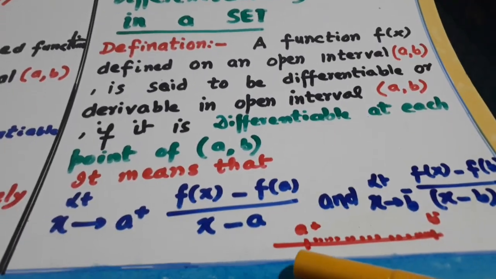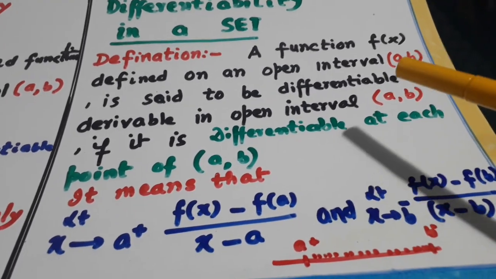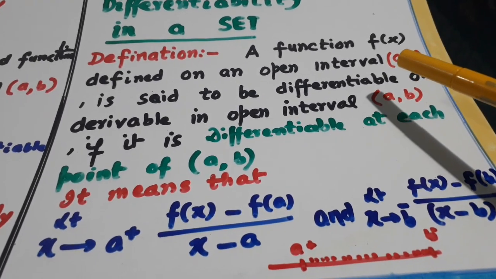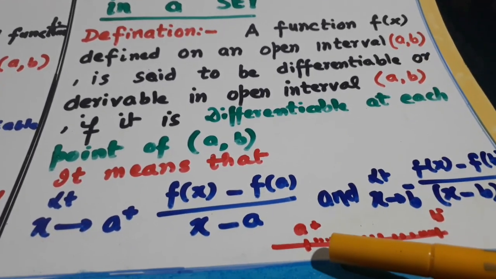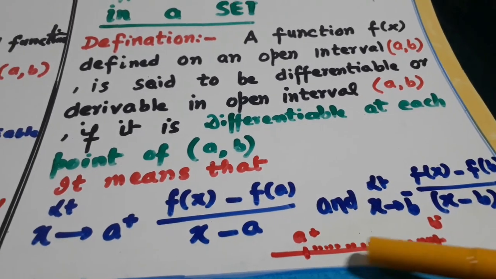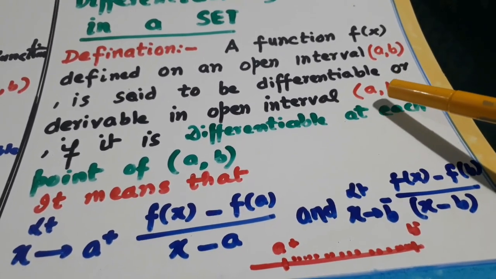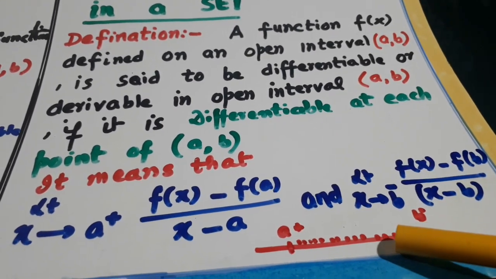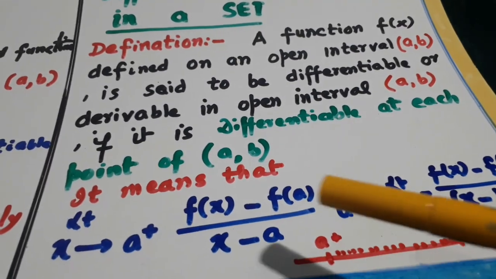Look here, this is the open interval (a, b). What does open interval mean? We have not to take a, we have not to take b, but we have to take all the points between them. A से बड़े, B से छोटे, वो सारे पॉइंट्स आप ले सकते हैं इंटरवल में.